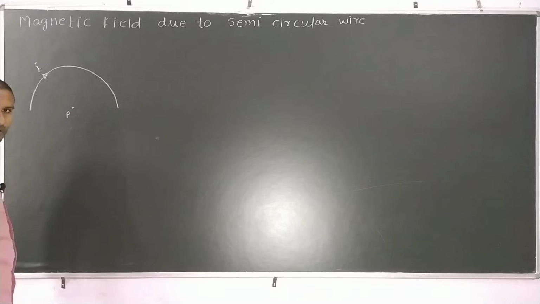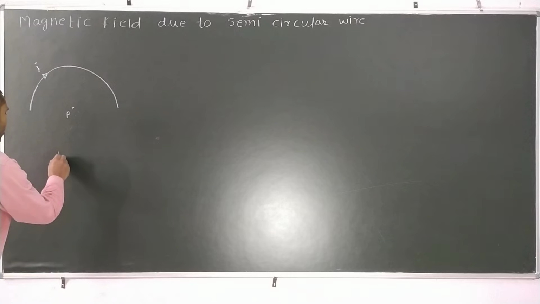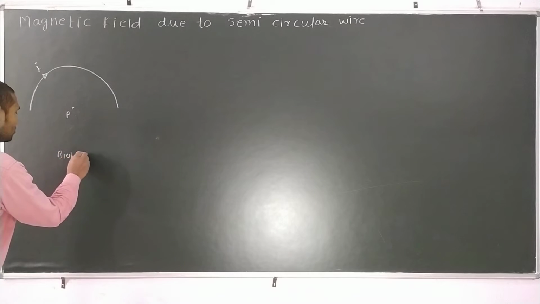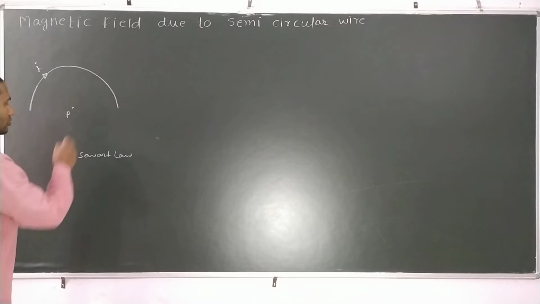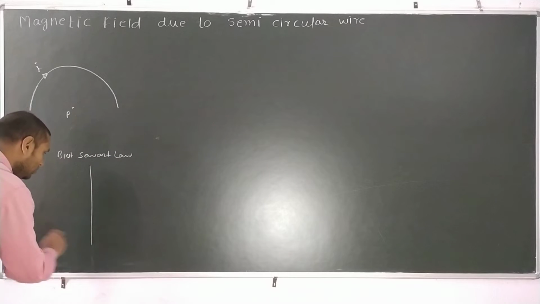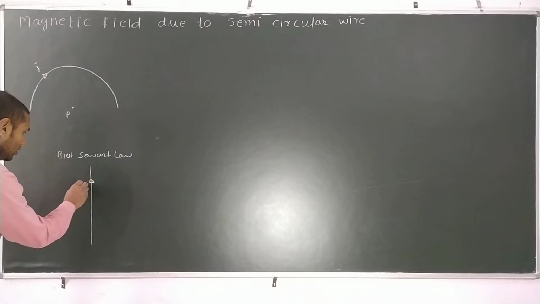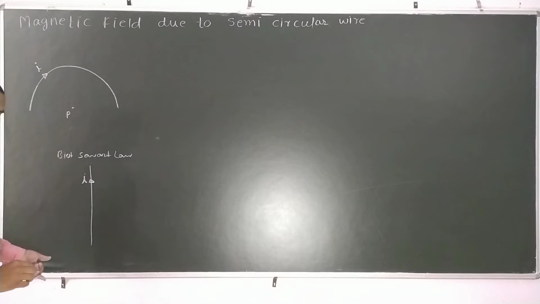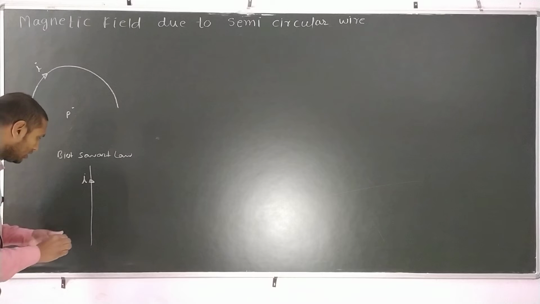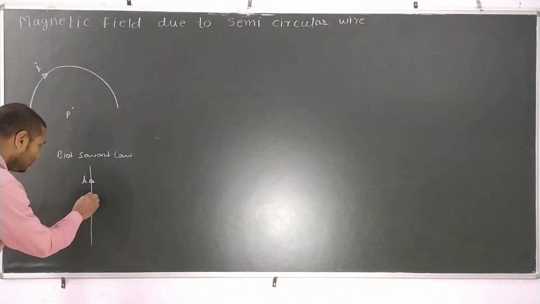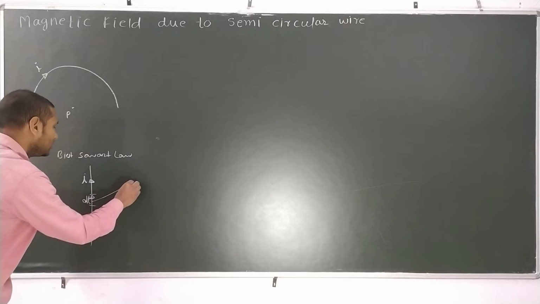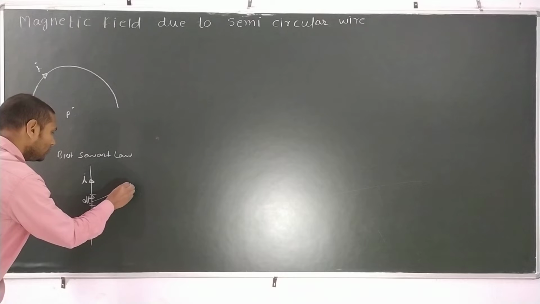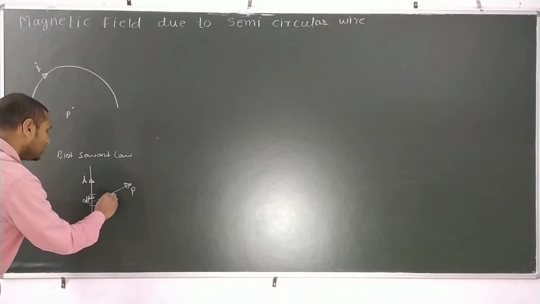For the sake of simplicity, we use the Biot-Savart law to find the magnetic field due to the semicircular wire. What is the Biot-Savart law? Suppose this is a straight wire, and inside the straight wire there is a current flowing, and we have to find the magnetic field due to this elemental current dl at a point P, whose position vector is r.